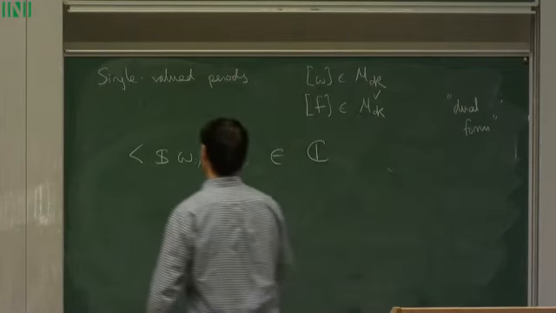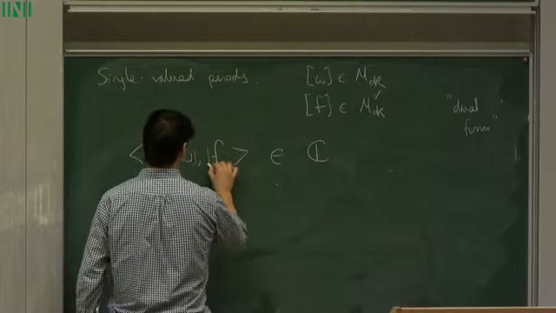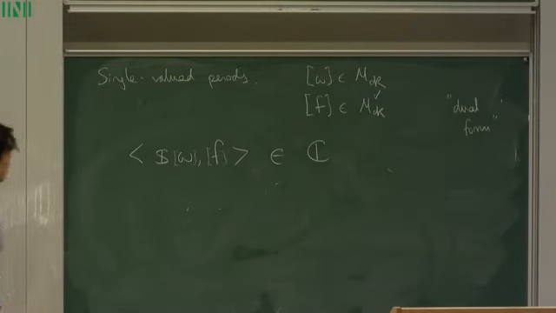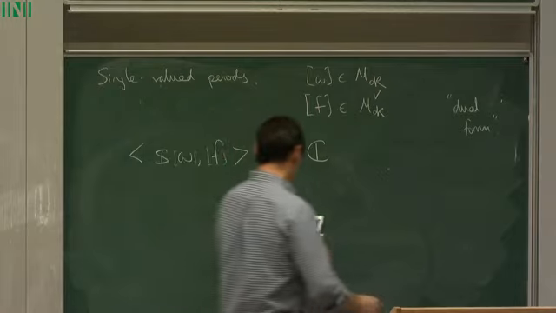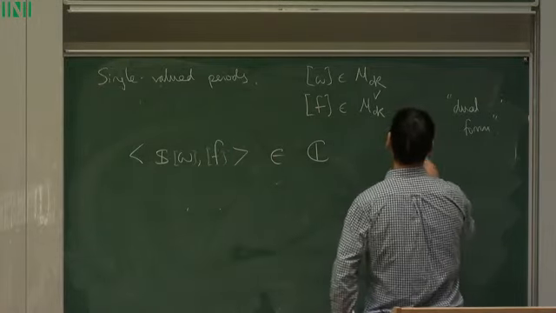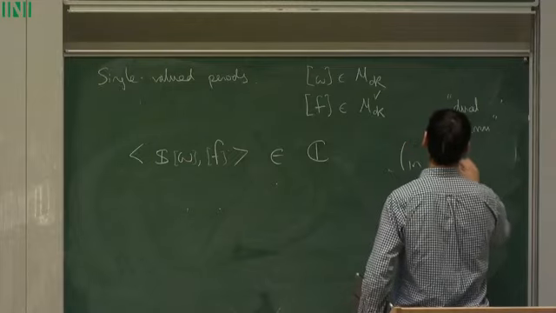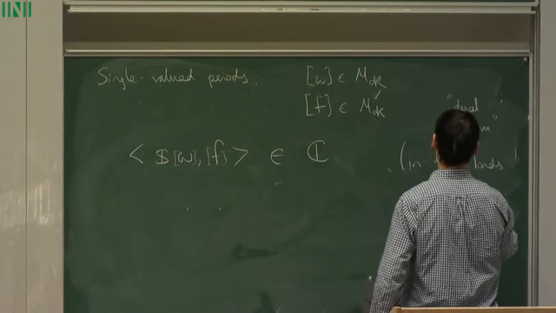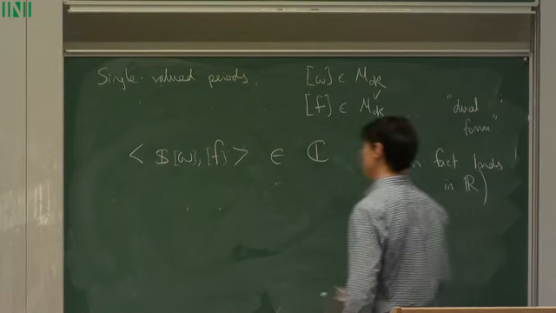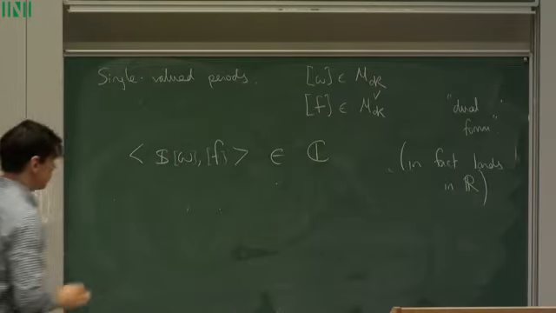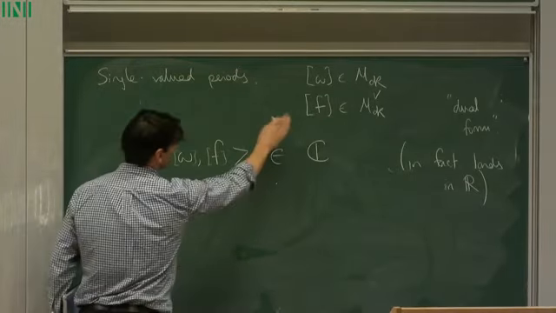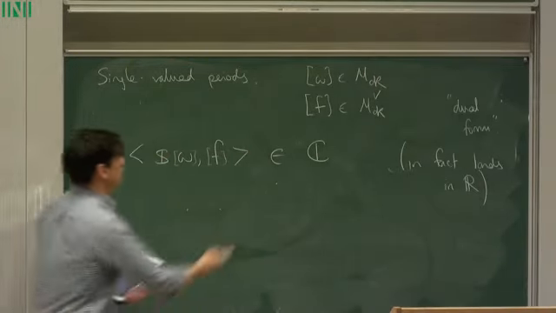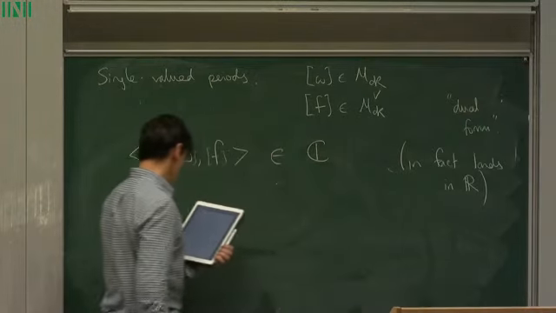So maybe I should write square brackets here. So this gives us a number. In reality, you can check easily that this lands in the real numbers. So in this situation, you assign a real number to a pair, a de Rham cohomology class and a dual class.